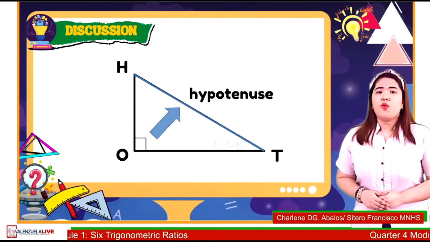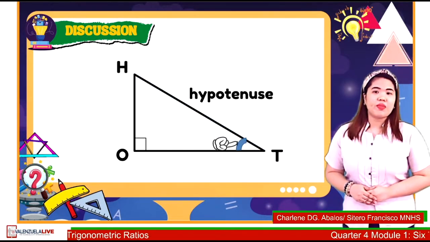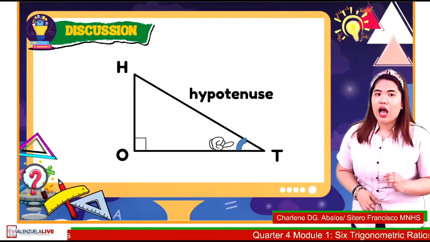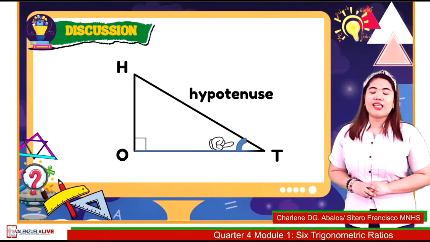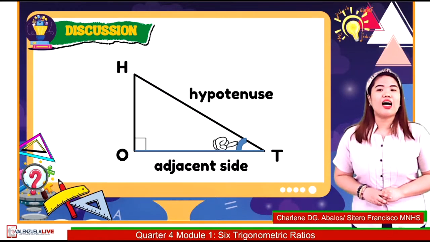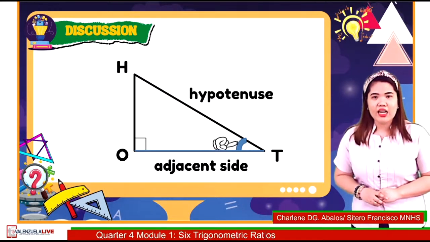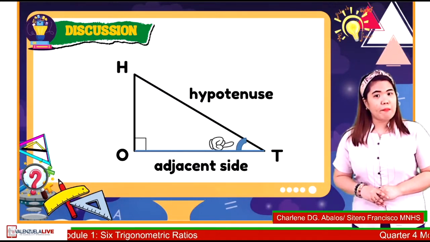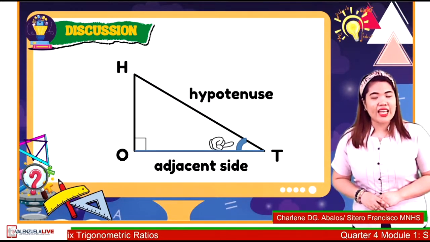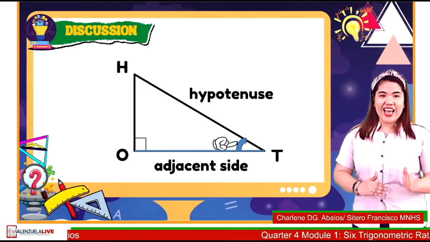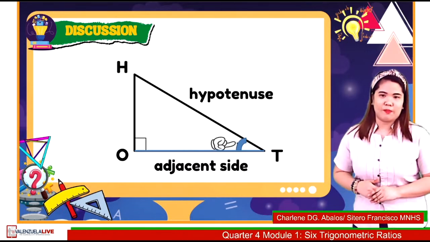Next, with respect to angle T, the side next to it, which is not a hypotenuse, is segment OT. And this is the adjacent side of triangle HOT. Always remember that adjacent side is the non-hypotenuse side that is next to a given angle.